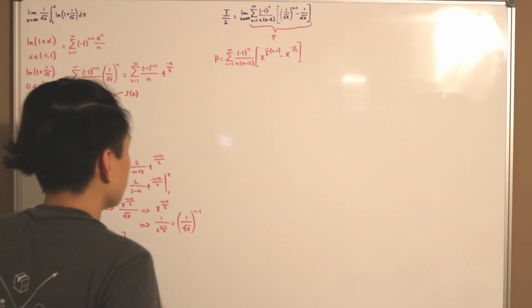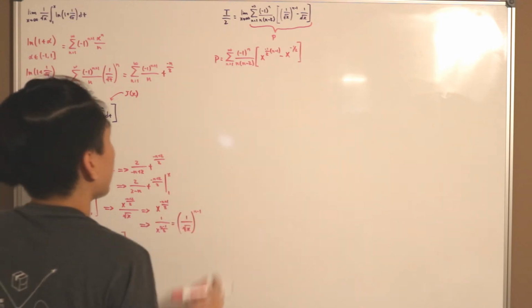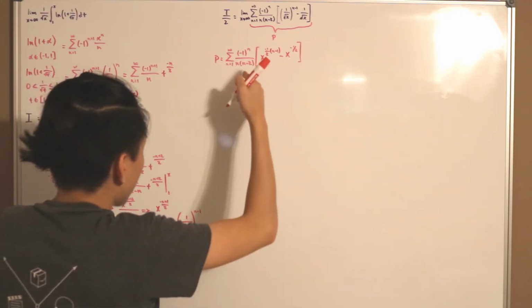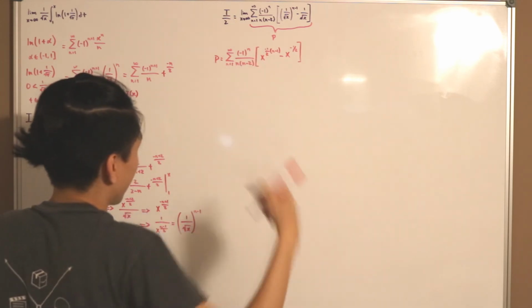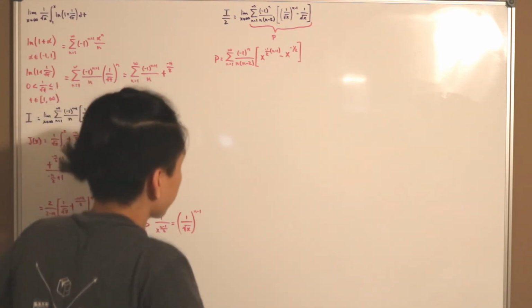Now, before we do the expansion, note that when we use our index for n is equal to 2, it's actually undefined. So later on we'll have to use L'Hopital's rule since we'll be getting an indeterminate form.